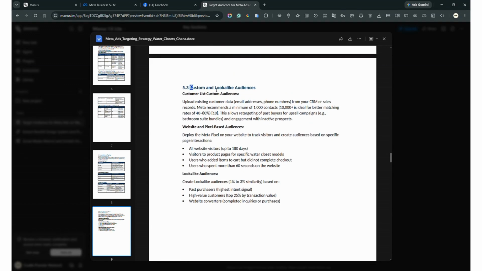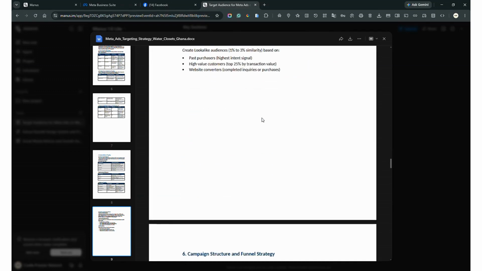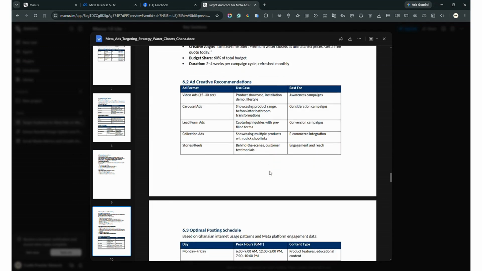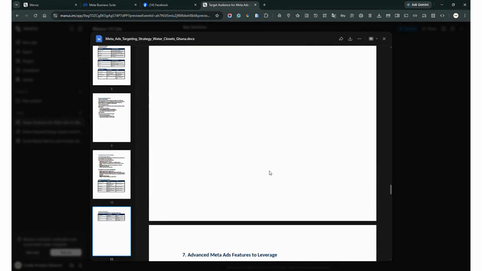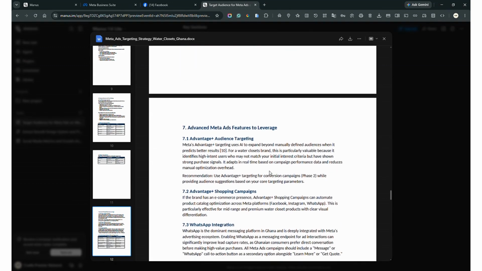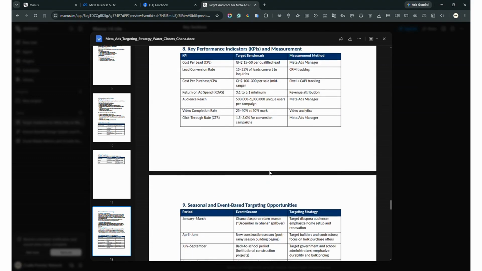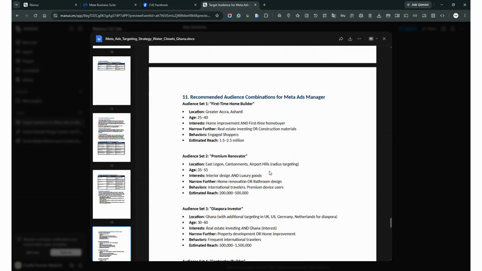We are even given custom and look-alike audiences. So your duty here is to go through everything very well, look at the suggestions based on interest and purchasing power, and make a decision.